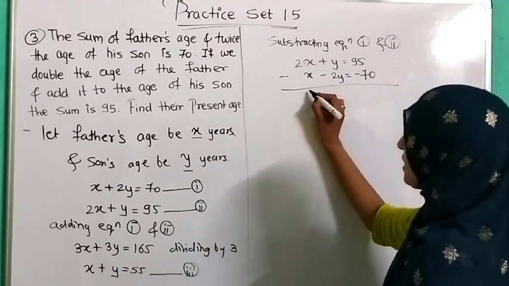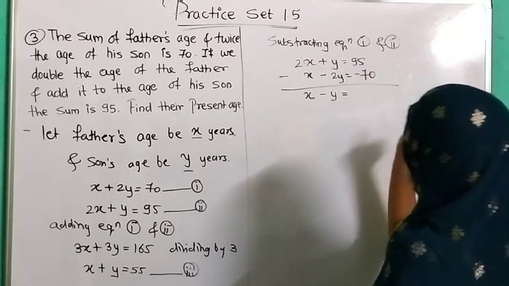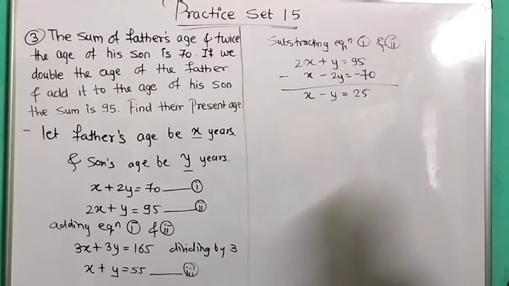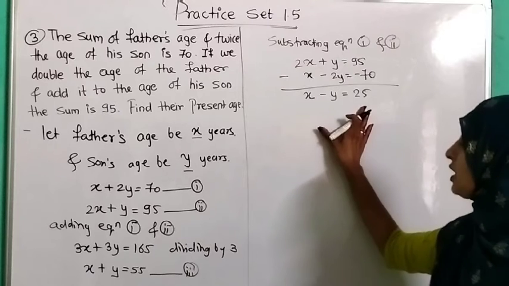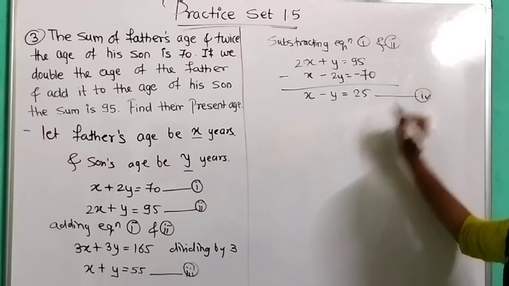So 2x minus x is equals to x, minus y, is equals to 95 minus 70 is equals to 25. Now we get equation number 4.